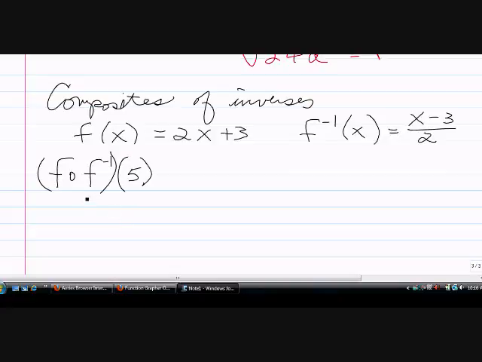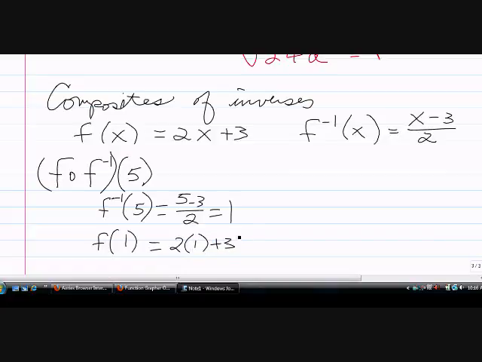First, I find f inverse at 5, which is 5 minus 3 over 2, which is 1. And then I take the leftmost function, the original function, I do that at 1, and I get 2 times 1 plus 3, and I get 5.